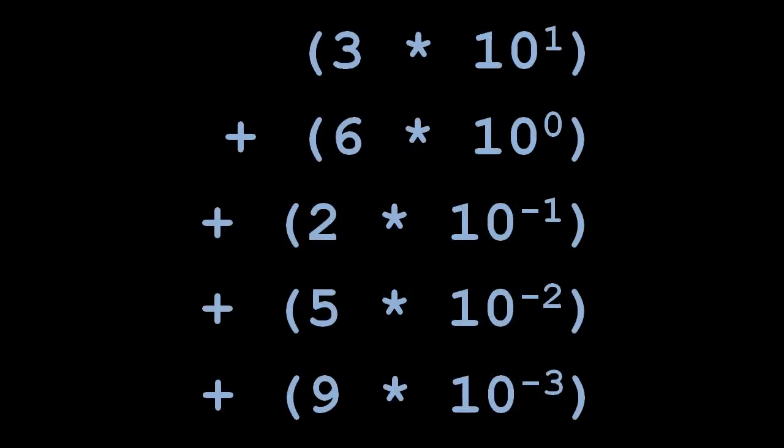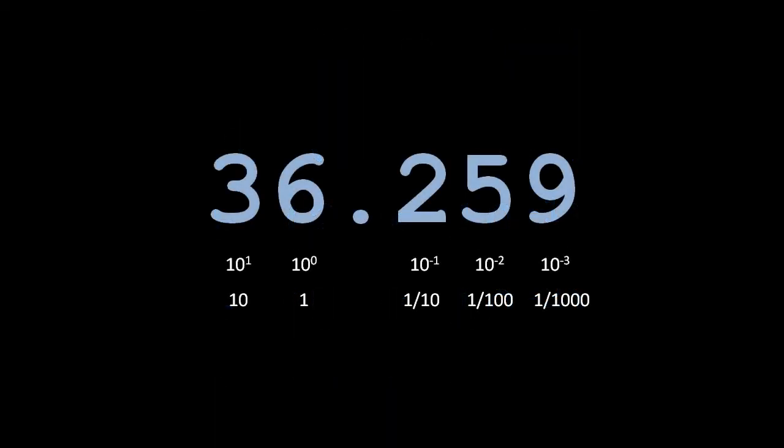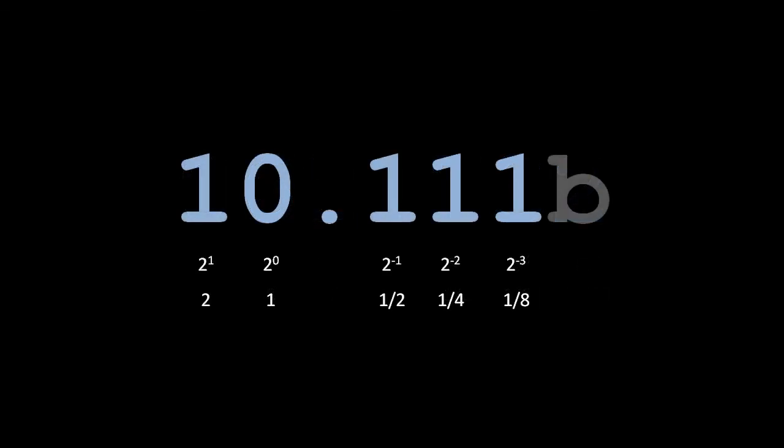What's new here though is that the digit places to the right of the radix point have negative exponents, whereas the digits to the left of the radix point are multiplied by the number base raised to an exponent that increases starting from 0. The digits to the right of the radix point are multiplied by the number base raised to an exponent that decreases starting from -1. For instance, here's octal 62.732 and here's binary 10.111.